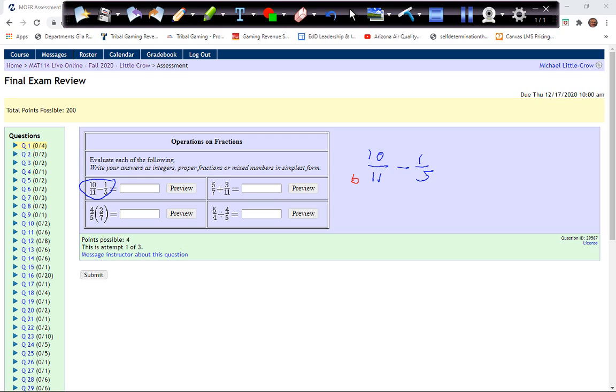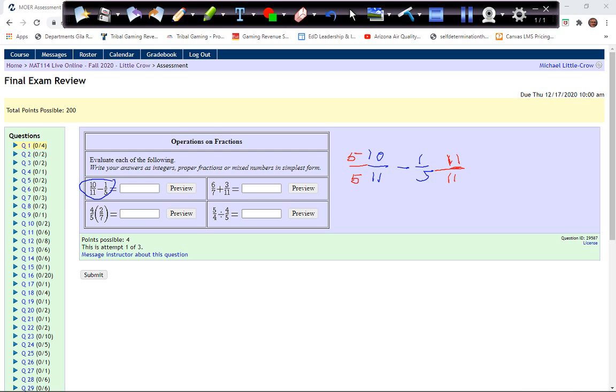So we take the first one, 10/11, and we multiply it by 5 over 5. And remember, when we're doing this, we're multiplying by 1, so that's not really changing anything, 5 over 5. The second fraction, we're going to multiply both the top and the bottom by 11, 11 over 11.